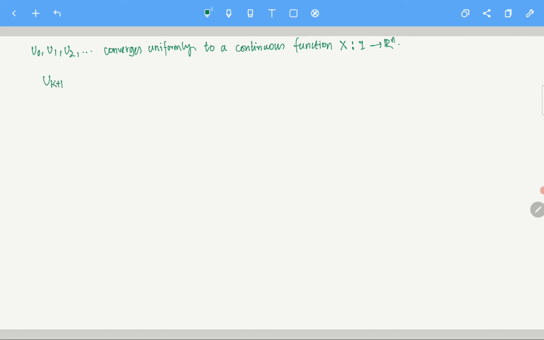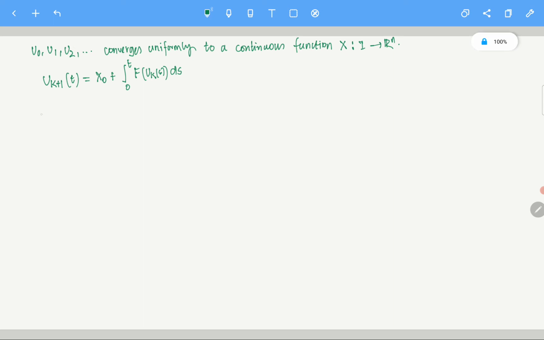And u_{k+1} of t is given by x0 plus the integral from 0 to t of capital F of u_k of s ds. Clear? This is what I am getting for any k.